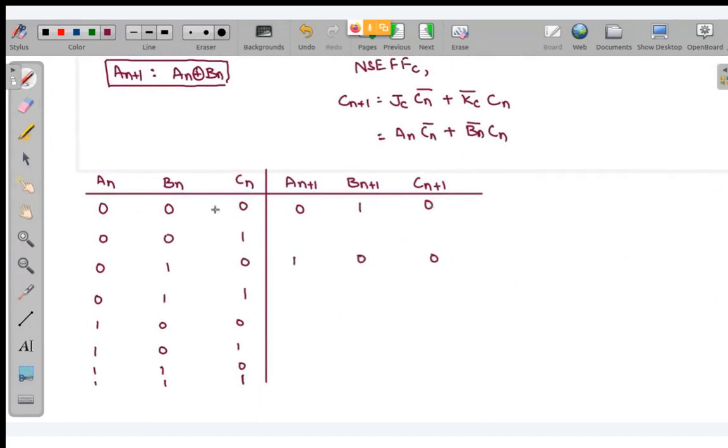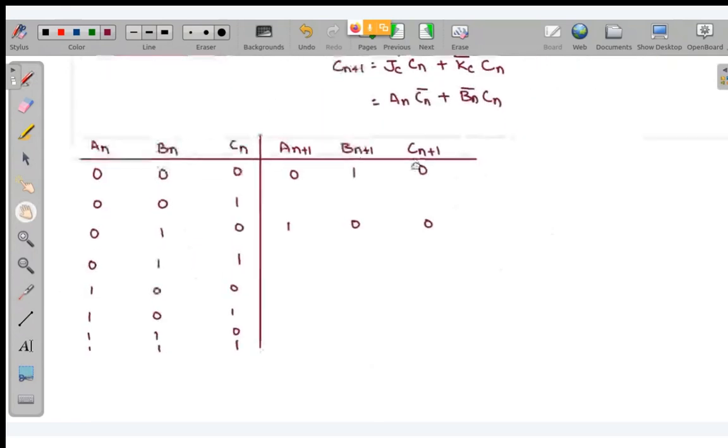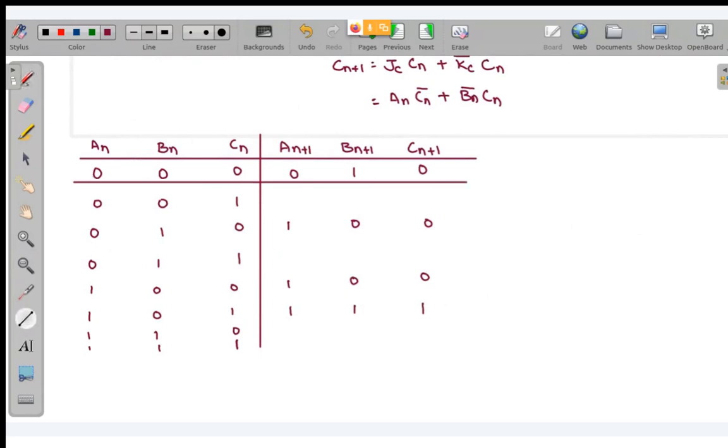You have to calculate the remaining states, where they are going.